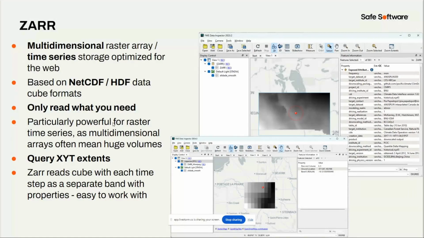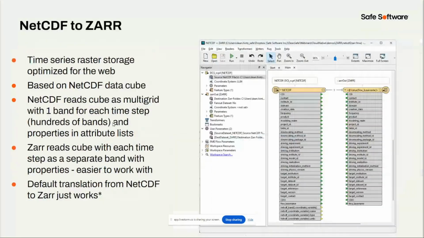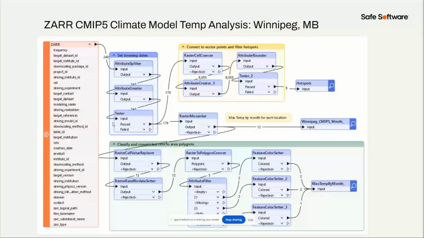So we can just extract, let's say, 10 years of data just around Winnipeg and do some temperature precipitation analysis just on that. And even though the data structures are somewhat different, we can go straight from NetCDF to ZARR with, I love the Zero Transformer workspace, and you get a usable result in the ZARR.